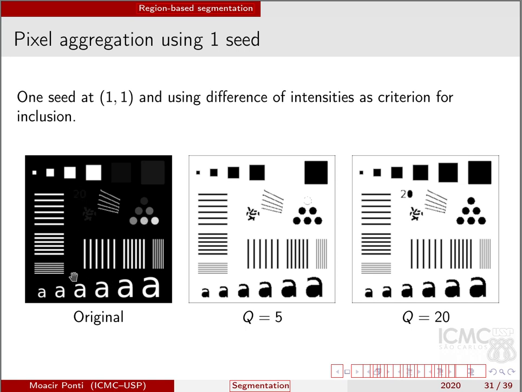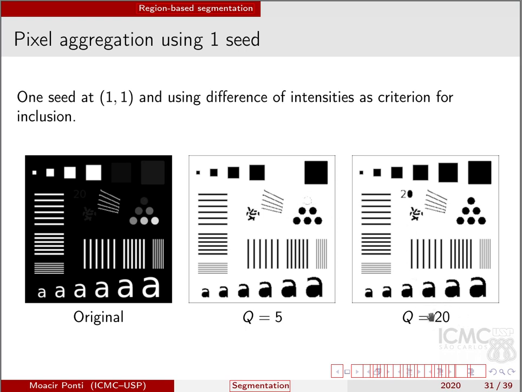Very bright objects are clearly easily going to be segmented. However, darker objects can be confused with the background. So in this case, with a lower criterion value, what happens is that we accepted that square here that's very dark, and also that circle that's also dark.